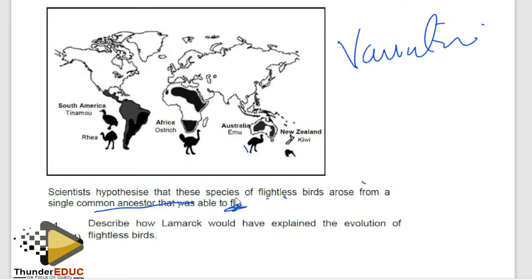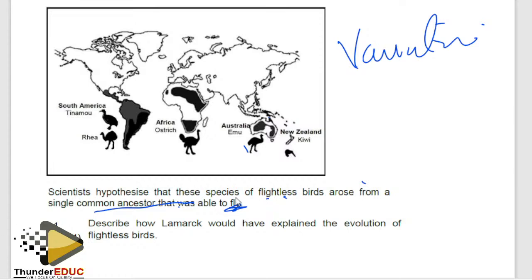Those which are able to fly, maybe they were not favored, maybe because they were detected by the predators up there. Therefore, they were being killed by the predators, while those which are not able to fly were able to survive. They were able to hide from predators.